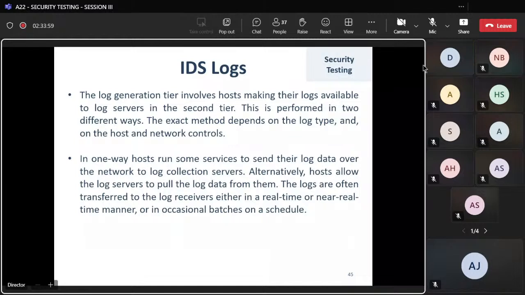And logs are made available in the log servers depending upon the log type, the host, and the various network controls.